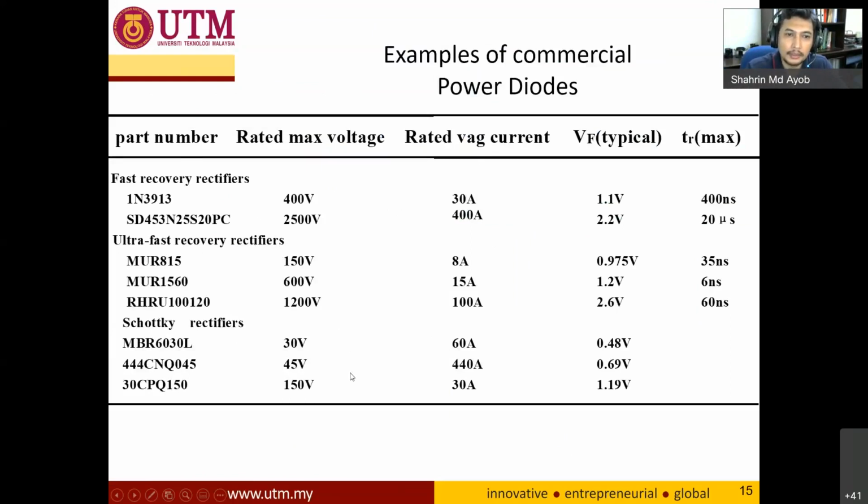What is the rated maximum voltage? What is the rated current? What is the VF here? VF is actually the voltage drop. That's why I emphasize this today, because we will deal with it more next week.